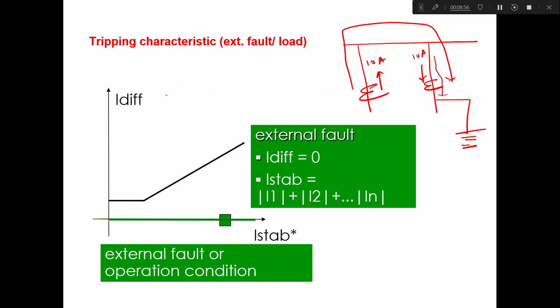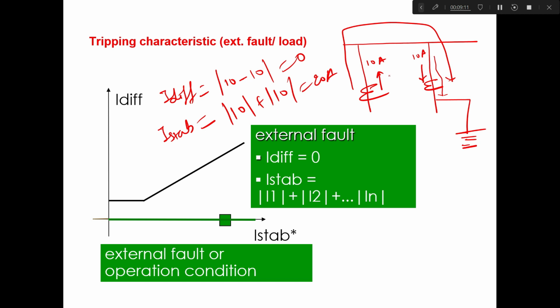So the differential current, which equals the vector sum, is 10 entering and 10 leaving, that is 0. But the stabilization current for this case will be 10 plus 10, that is 20 ampere, and I am assuming here the CT ratio is 1:1 for easy understanding. And why is the differential current 0?